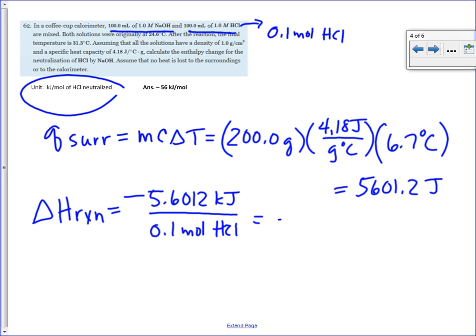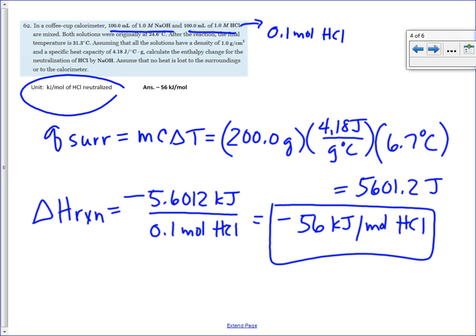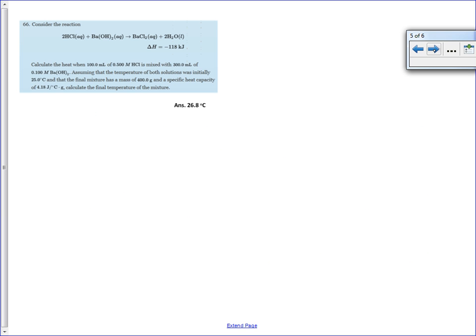Okay, and that just comes out to negative 56 kilojoules per mole of HCl reacted. That's not surprising for an acid-base reaction. Those are always exothermic.